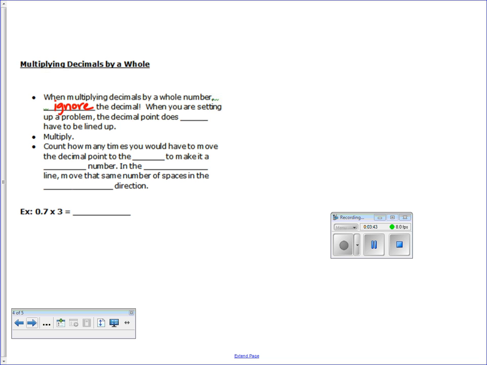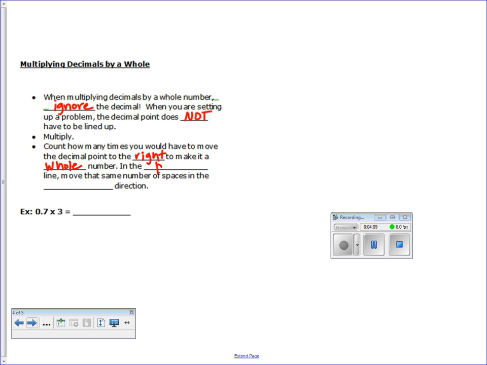When you're setting out a problem, the decimal point does not have to be lined up. We're just going to multiply as if there are no decimals. Then I'm going to count how many times you would have to move the decimal point to the right to make it a whole number. You're trying to make that decimal into a whole number.